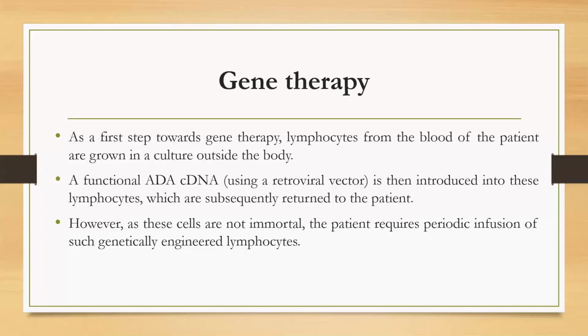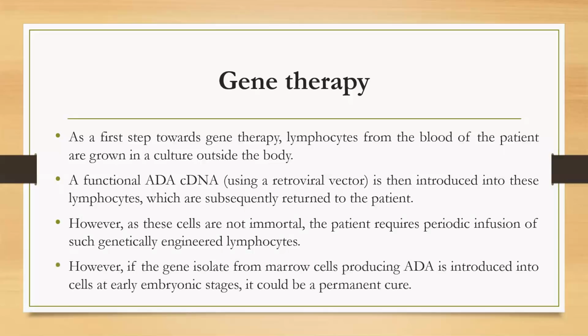And during those days, they will provide immunity power to the body by supporting the B lymphocytes to produce antibodies. But they have a certain lifespan. After that, such cells will die. Again, the patient should be provided with treated or genetically engineered lymphocytes. So, continuous introduction of treated lymphocytes is required in this case.